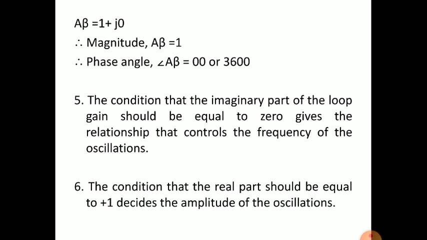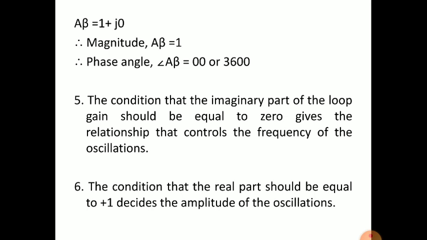The condition that the real part should be equal to plus 1 indicates the amplitude of the oscillation. So the real part consists of the magnitude and the imaginary part consists of the frequency.